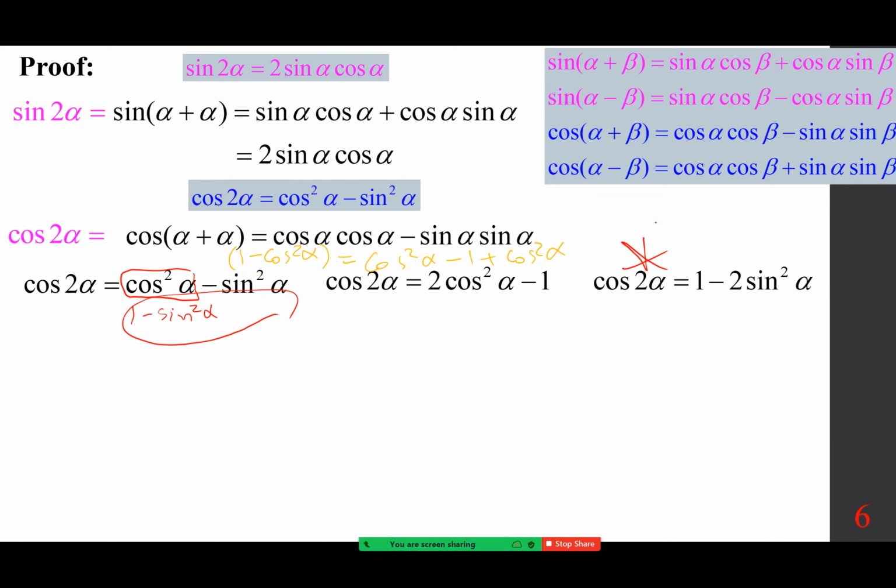So cosine 2 alpha is cosine squared minus sine squared, 2 cosine squared minus 1, 1 minus 2 sine squared. It has three different ways of writing. Now, I can use this formula to find sine squared. Let me write it at top so you see that.